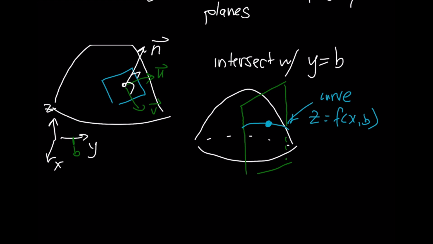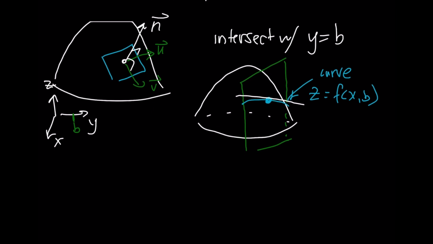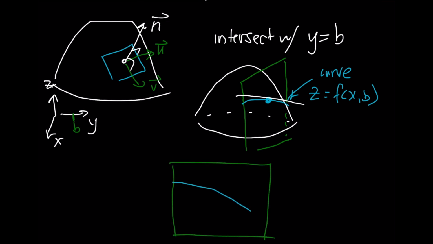Here's the key observation. If I were to draw a tangent line right at that point, I'm going to take this picture and draw it over again. Now remember that there's an x, y, z coordinate system here, and if we're looking at this situation, then essentially what we've got is a z and an x.